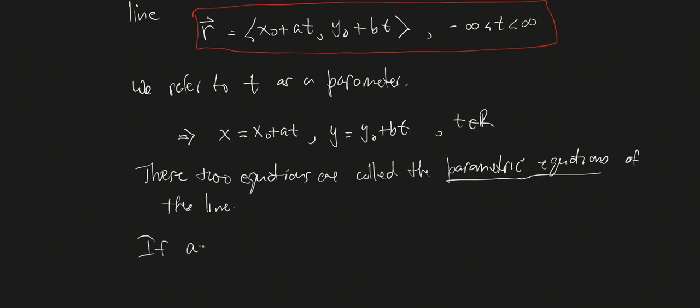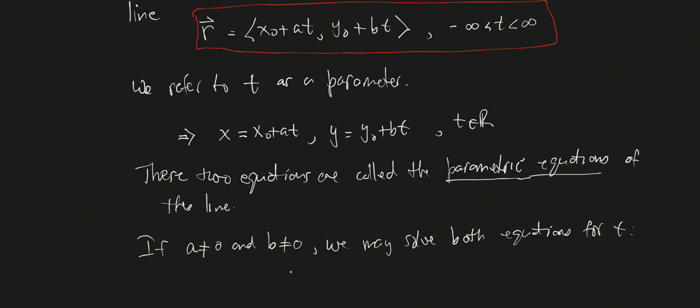So if a is not equal to 0 and b is not equal to 0, we can solve both equations for t, and this is what we would get.